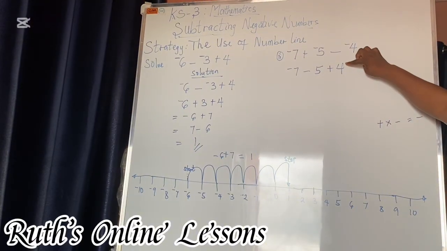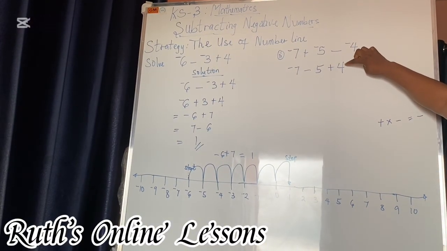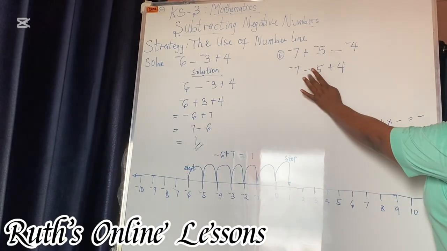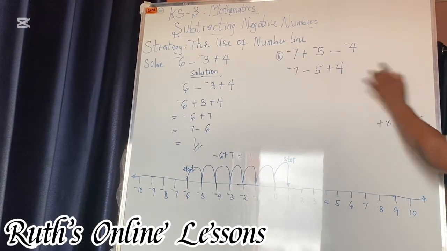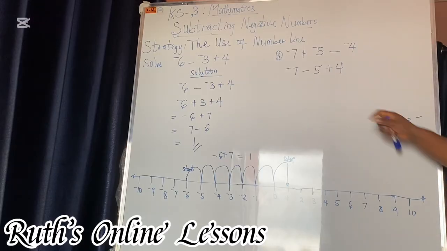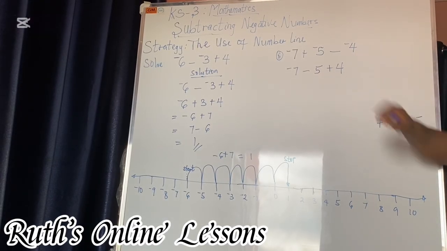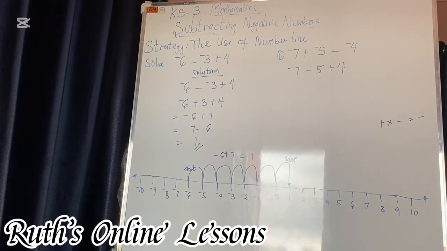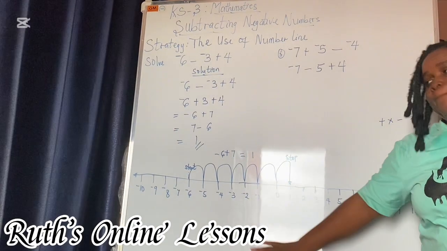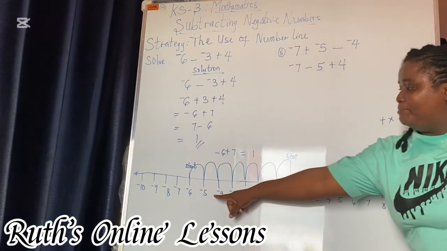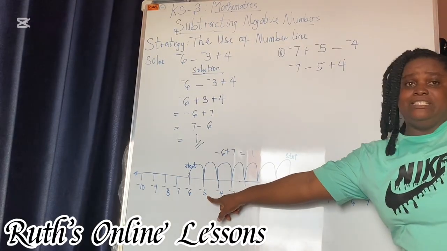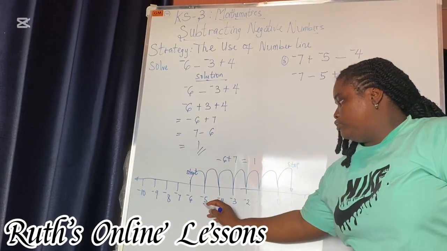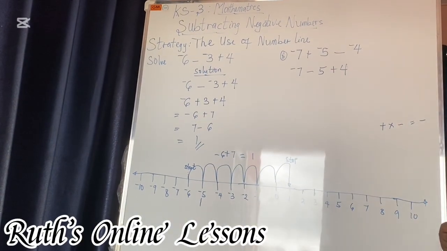So if we have done this, the next thing I'll do here is, watch this. This is -5 and this is +4. Minus 5 and plus 4. For those of us who are in key stage 2, of course, we can come back to the number line and look at where we have our minus 5. Minus 5 is this way. We're going to start here, minus 5.